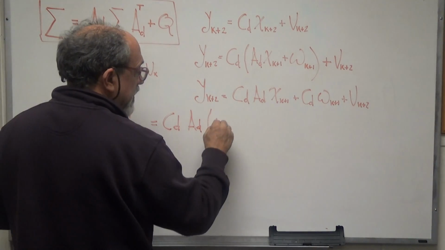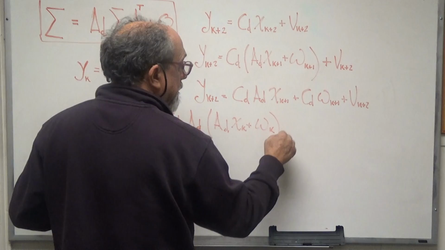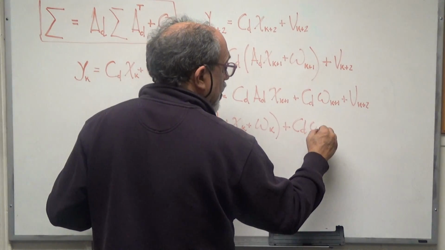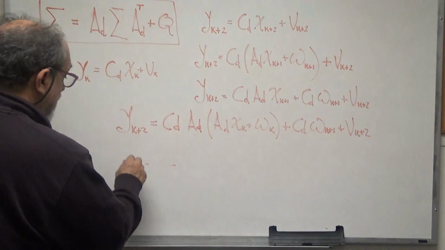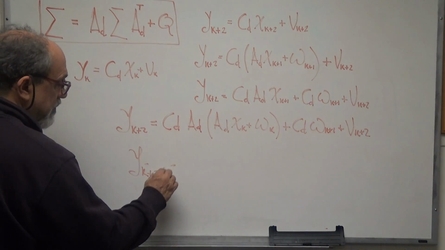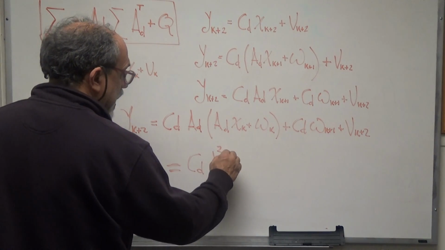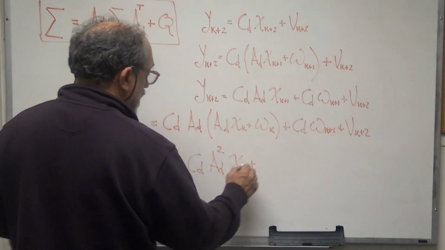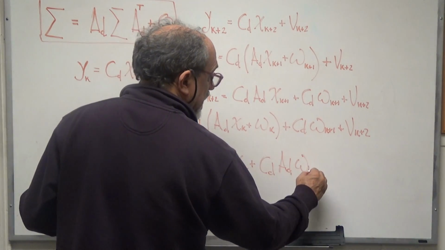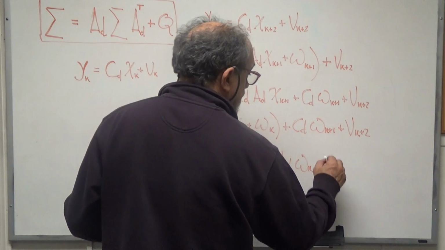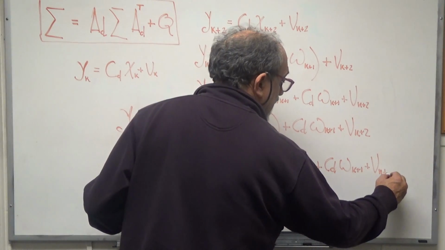Now x at k plus 1 is AD x at k plus W at k, plus CD W at k plus 1 plus V at k plus 2, and therefore finally y at k plus 2 is equal to CD AD squared x at k plus CD AD W at k plus CD W at k plus 1 plus V at k plus 2.